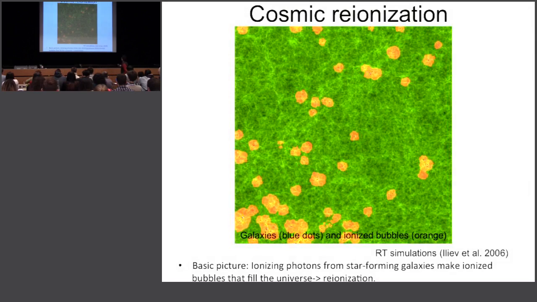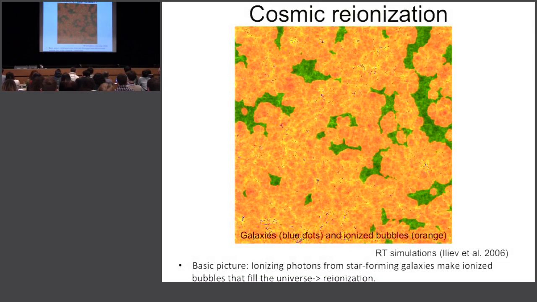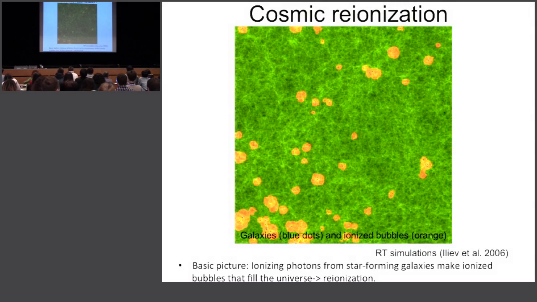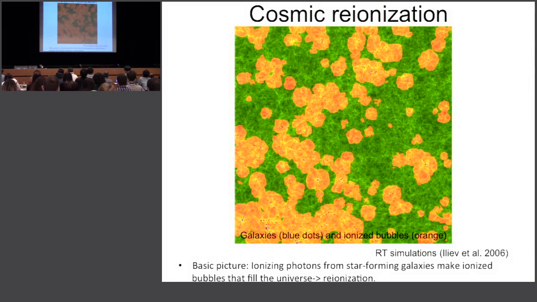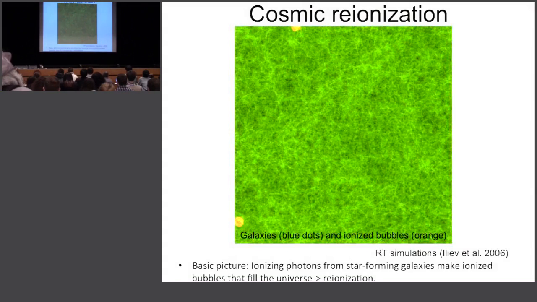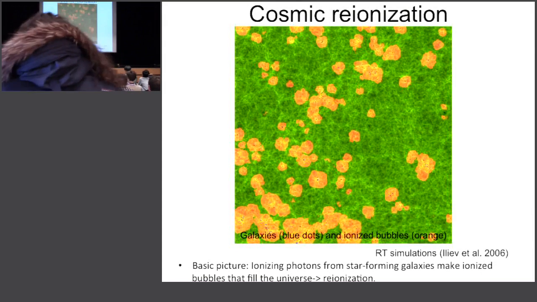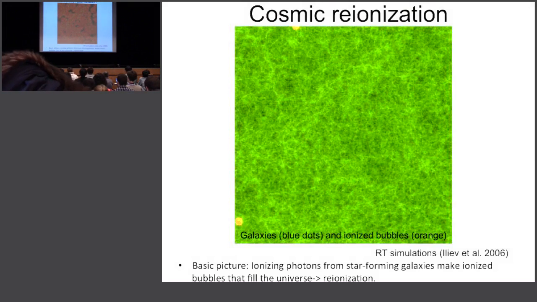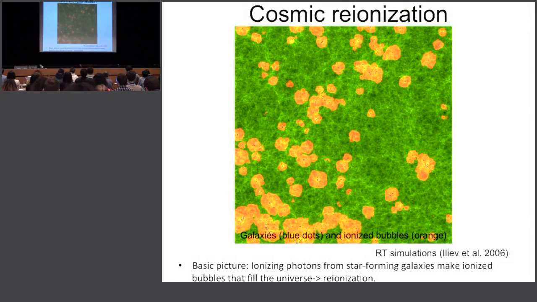So this animation shows the numerical simulation results recovering the cosmic reionization. The size of the box corresponds to about a few tens of megaparsecs, so it is a cosmological simulation, and the green and orange media are the neutral hydrogen and ionized hydrogen.